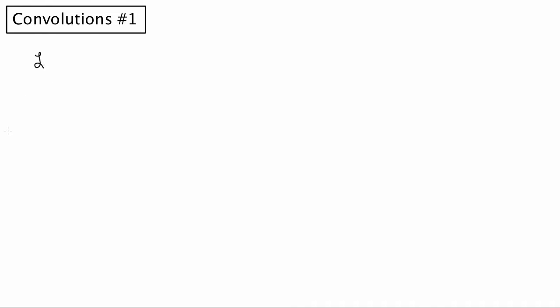So the idea would be, if I take the Laplace transform of f of t times g of t, we would love this to be equal to the Laplace transform of f of t times the Laplace transform of g of t, which would be F of s times G of s. That's what we would love.